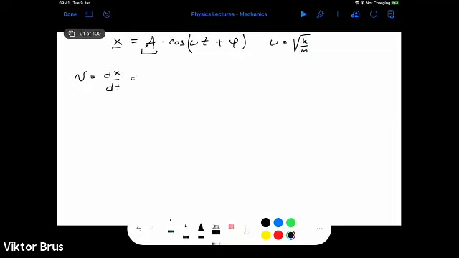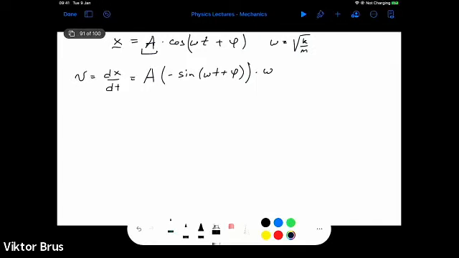This is equal to, let's do it step by step, A times minus sine omega t plus phi, then times omega.